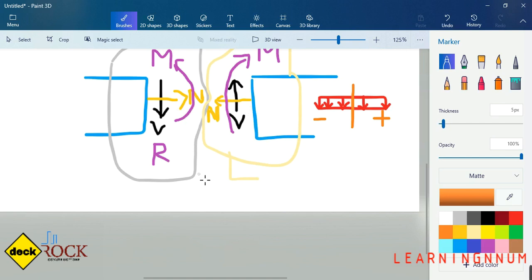In other words, positive shear tends to rotate the segment in a clockwise manner. You can see here, this is vertically downward, so the contact would be made here, assume.